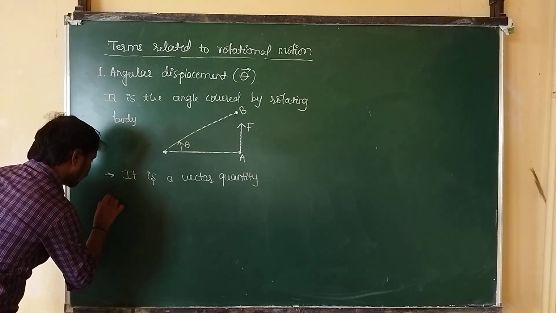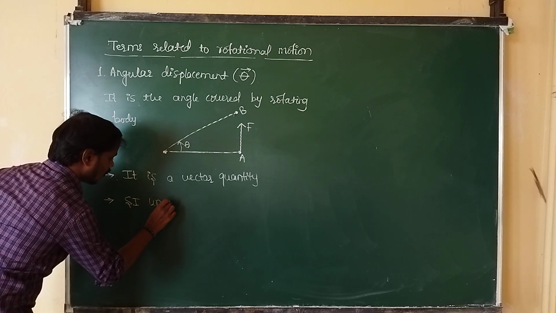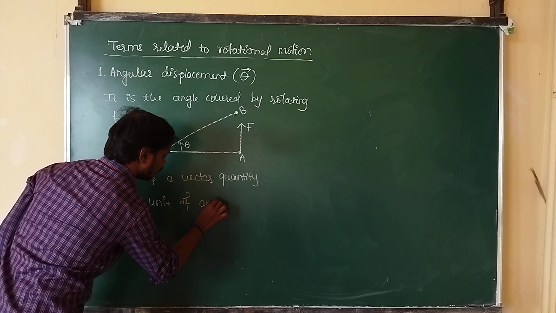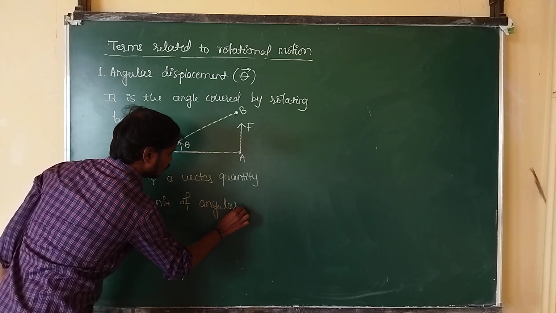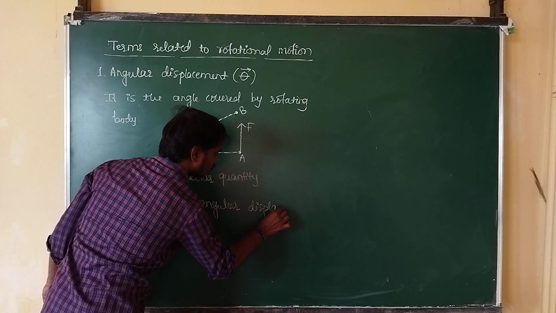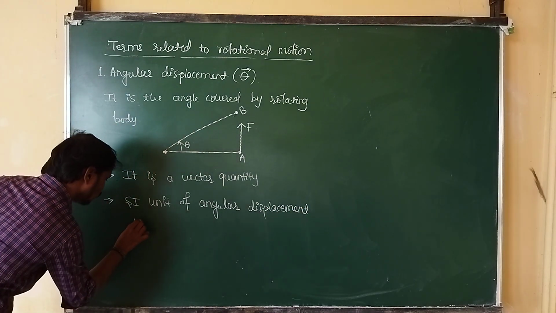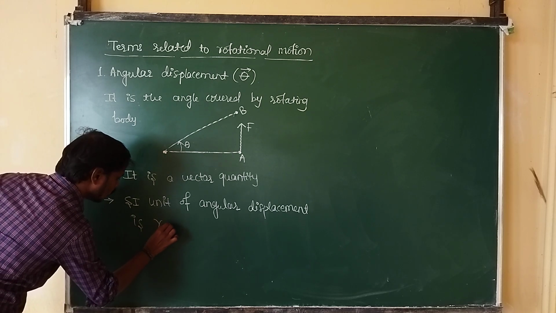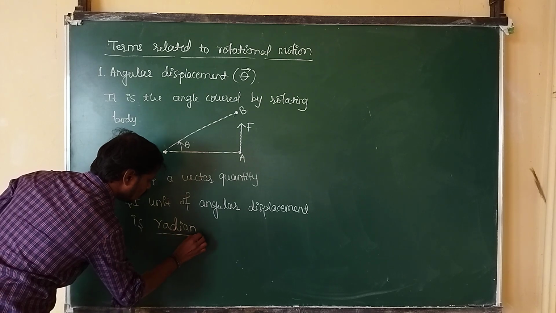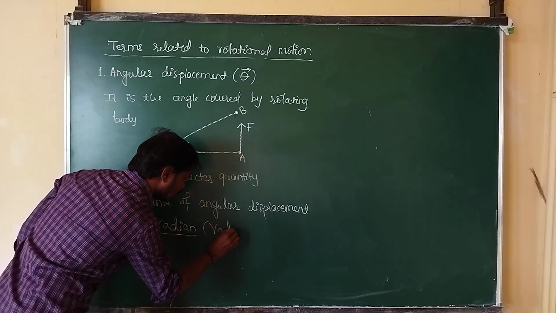Next, the SI unit of angular displacement is radian, and its symbolic representation is rad.